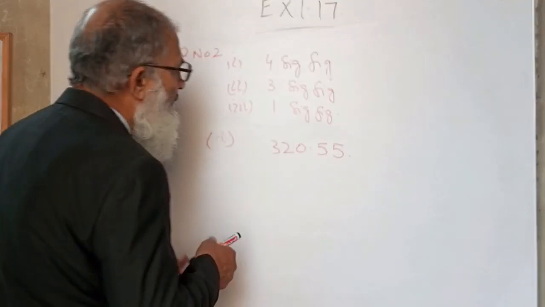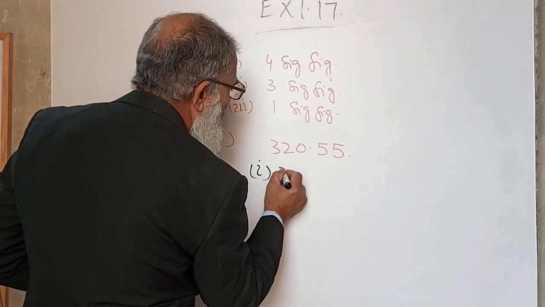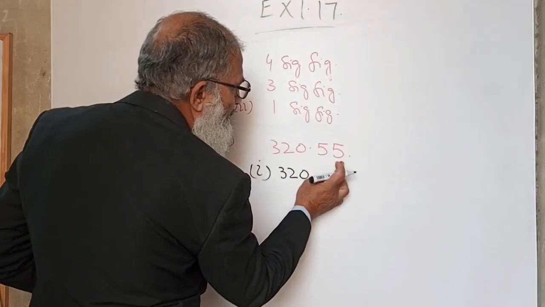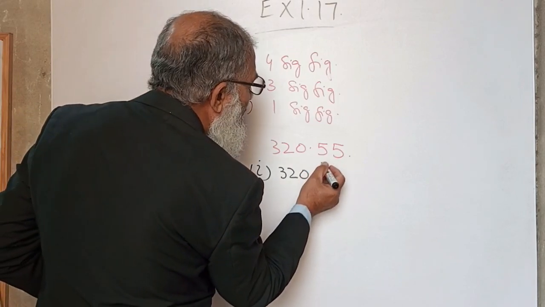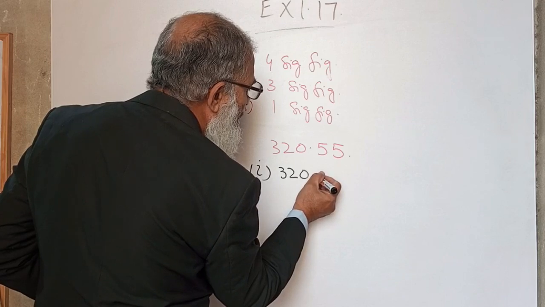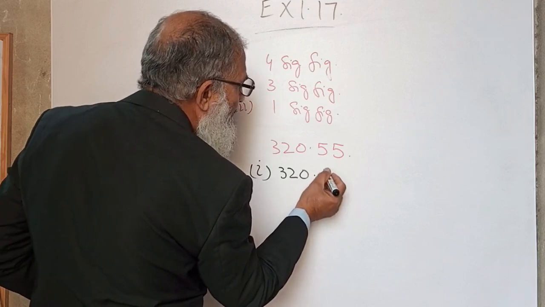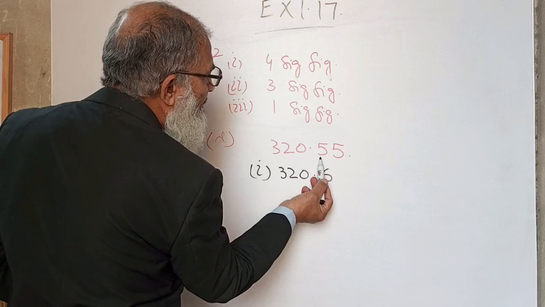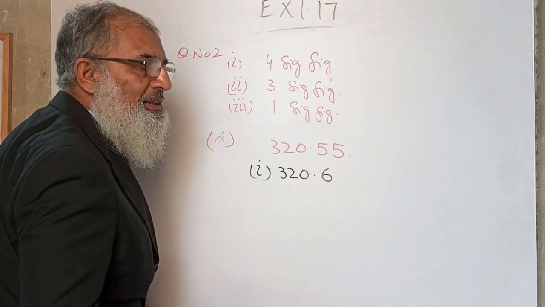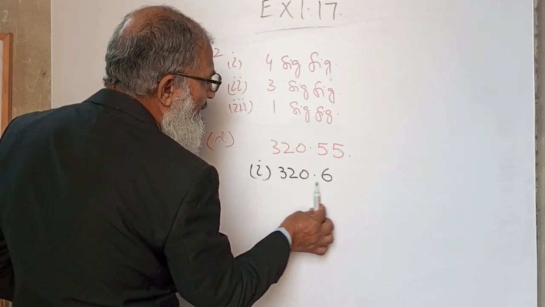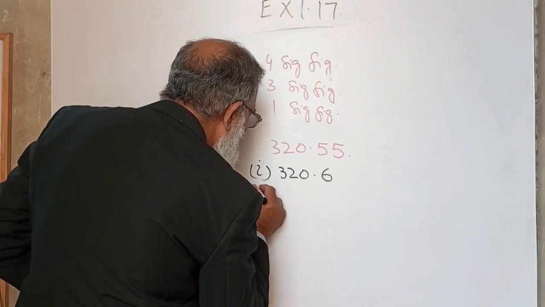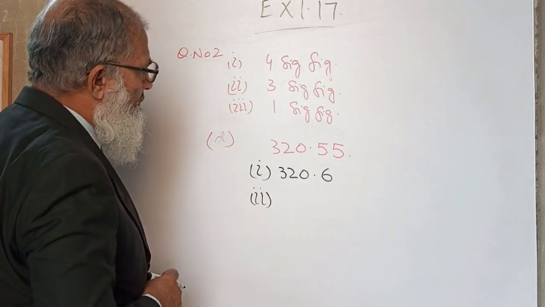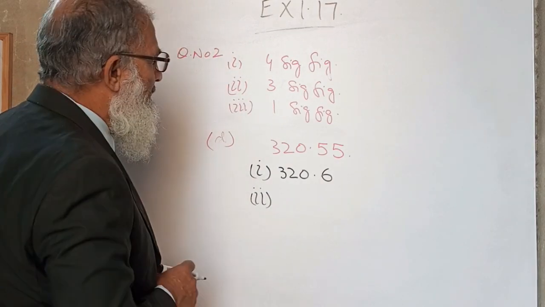Now what we do here, first of all, number 1. You see this is greater than 4549, or you just put it, the next coming number over here is 0.6. So 320.6 will be the first answer. Number 2, 3 significant figures.